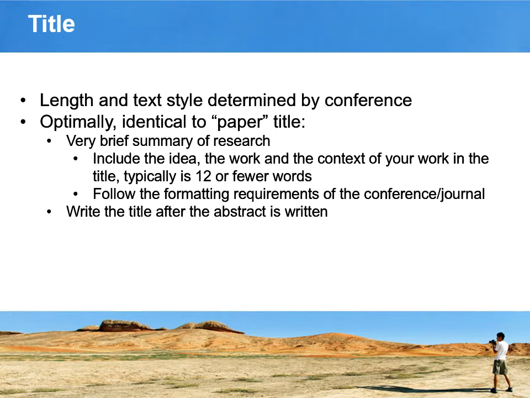It's also a word of advice to write the title after your abstract is written, so you have your ideas on paper and format your title around your research instead of formatting your summary of your research around the title.